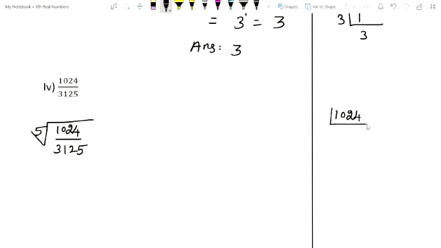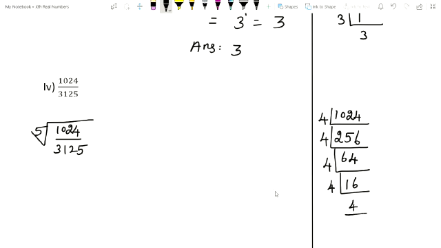Now divide by the 4 table. 2 4s are 8, remaining 22, 5 4s are 20, 6 4s are 24. Again 4, 6 4s are 24, 4 4s are 16. Again 4, 1 4 is 4, remaining 6, 4s are 24. So 4 4s are 16. Next, 3125. This also you have to find out.